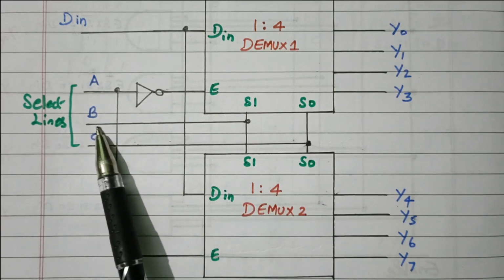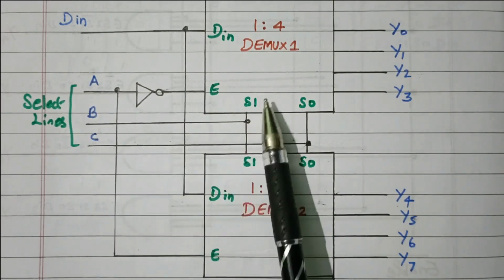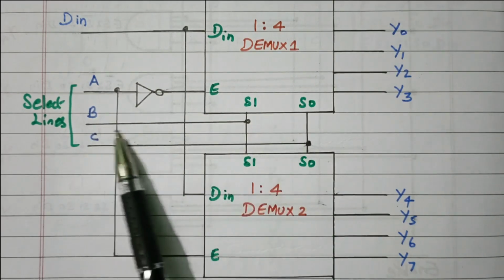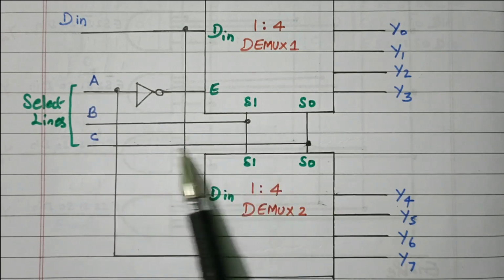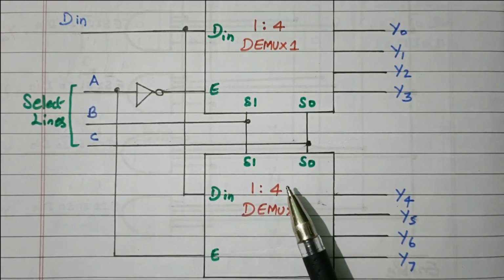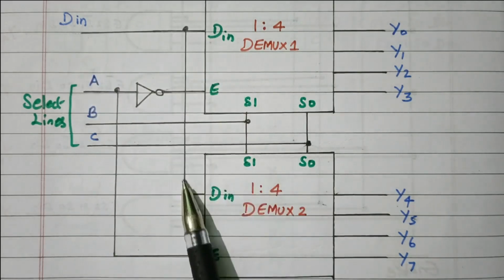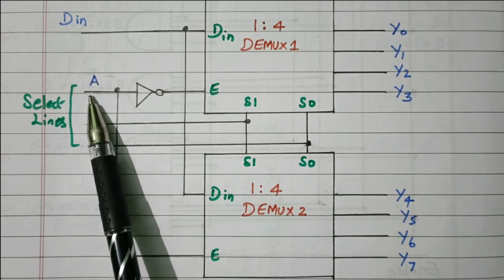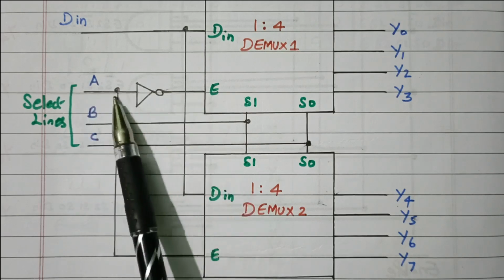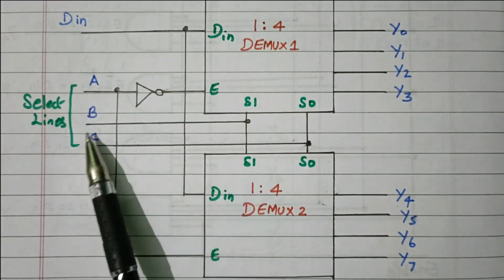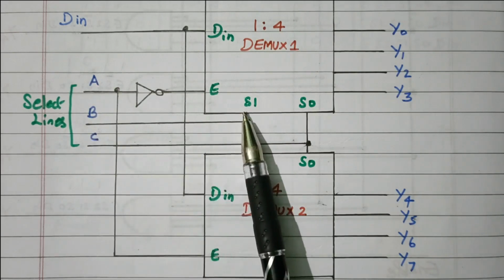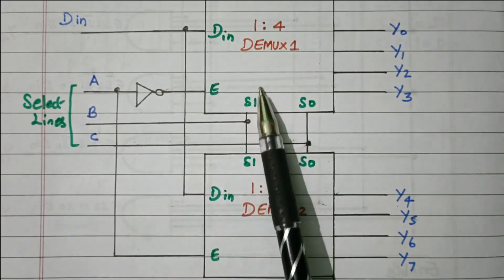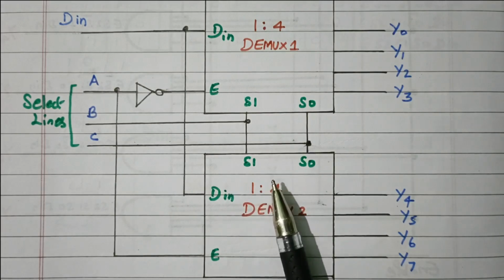B and C are connected as the selection lines for the 1:4 demux. B is connected as S1, C is connected as S0, right? So input is given to both the demuxes. The most significant signal A is used for enabling the demux. B and C are used as the selection lines of demux 1 and 2, both demux 1 and 2, right?